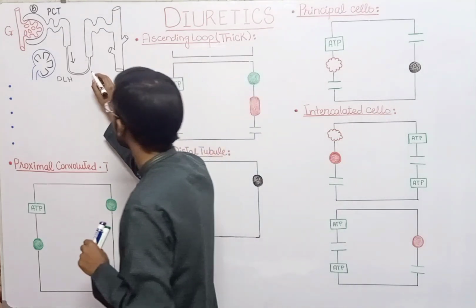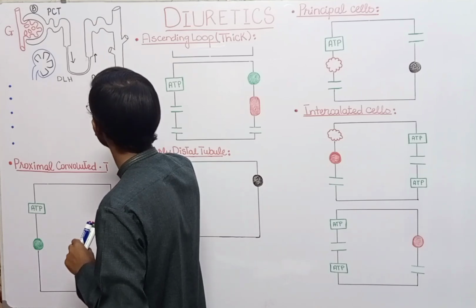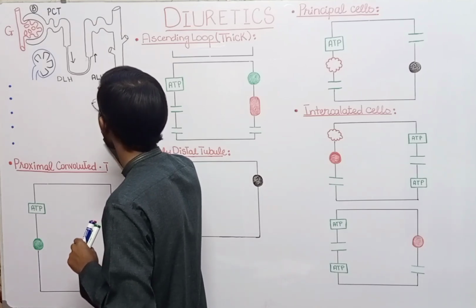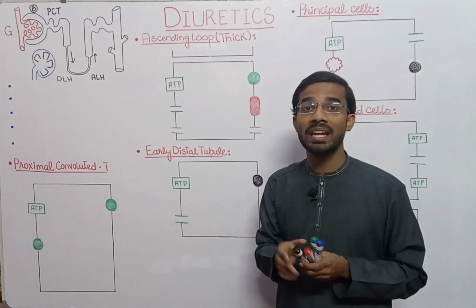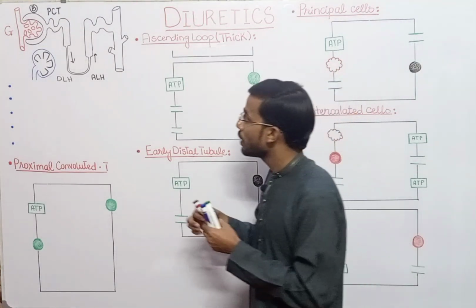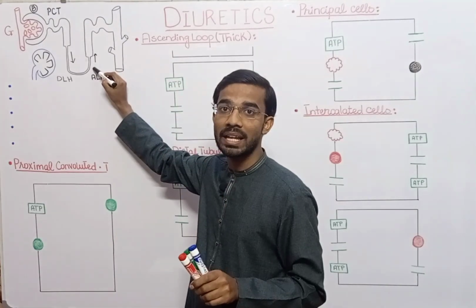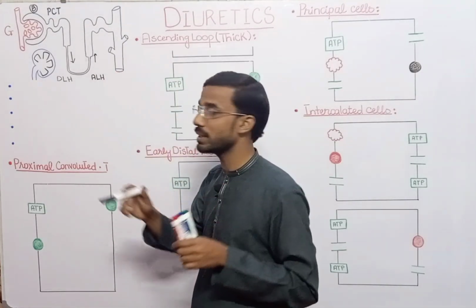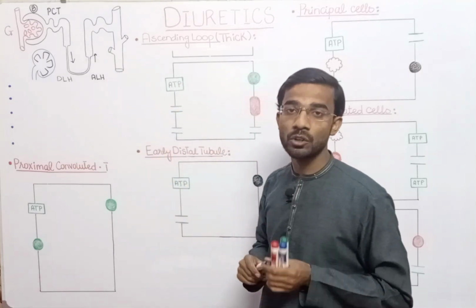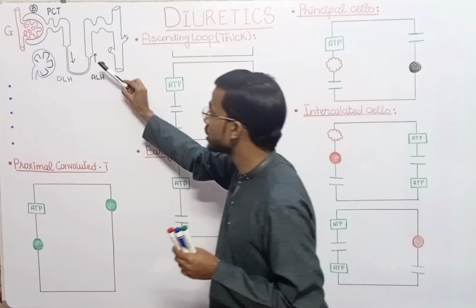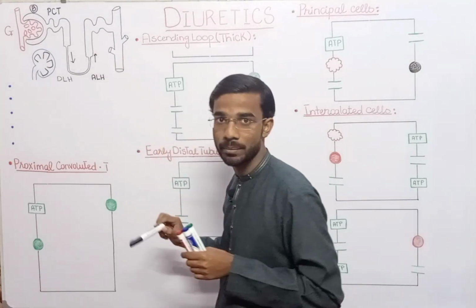Then there is the ascending loop of Henle, which has two components. The initial component of the ascending loop of Henle is small in diameter relative to the late ascending loop of Henle. So the initial part is small in diameter and the later part is large in diameter.